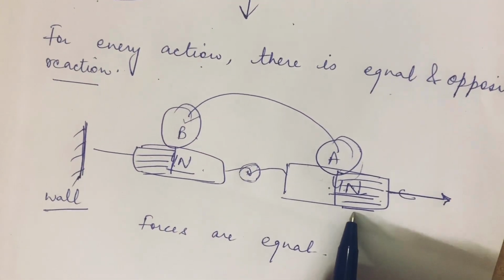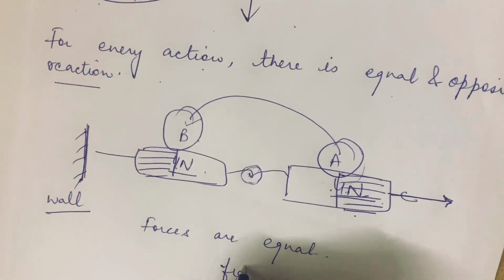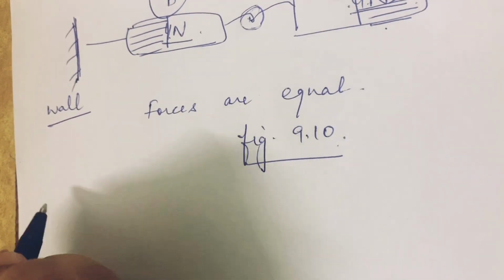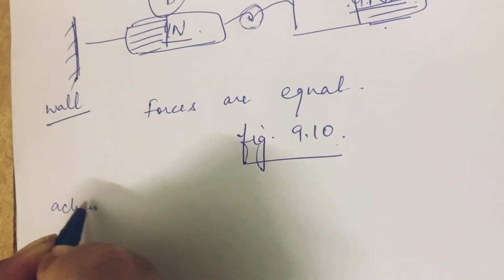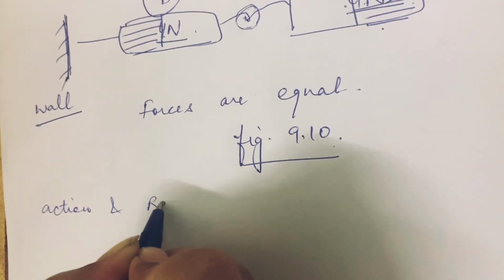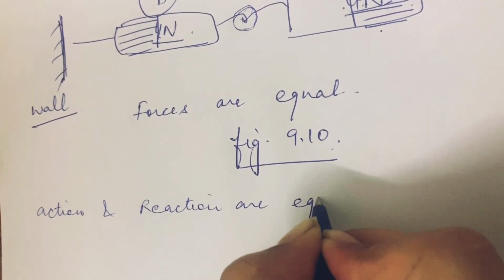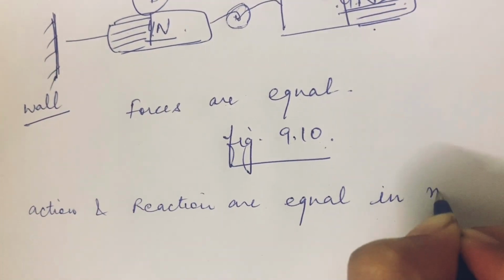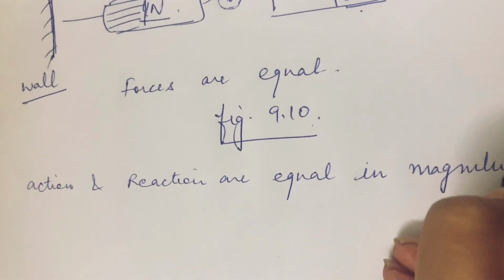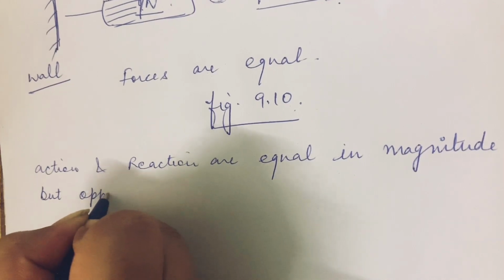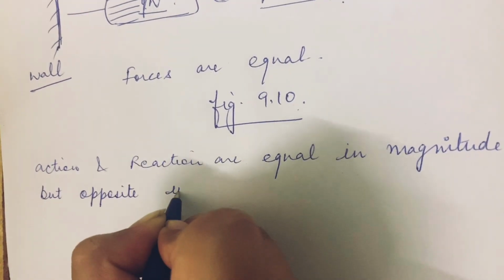There is a diagram given in your book, figure 9.10. From that figure you may notice that action and reaction are equal in magnitude but opposite in direction.